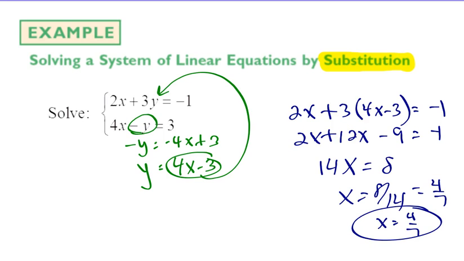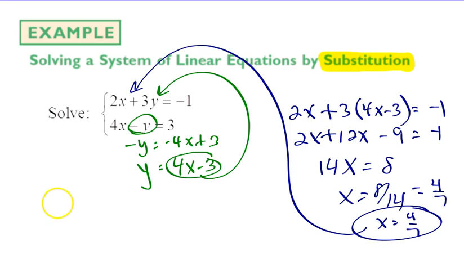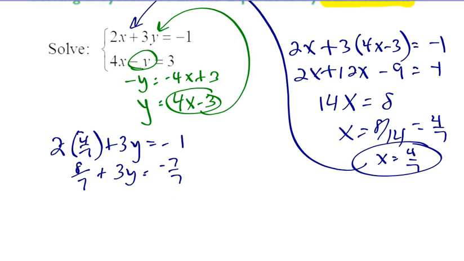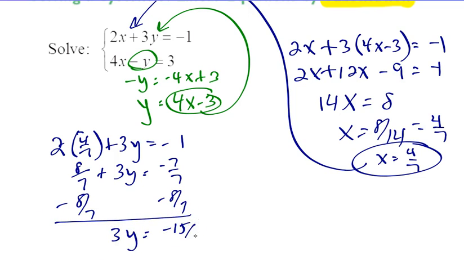To find the y, I'll plug the x in. I can go to the top equation or the bottom equation and solve for y. Let's see, this is 8/7, and I'll make this 7/7 just so that I can subtract off 8/7 from both sides, giving me 3y is equal to -15/7.